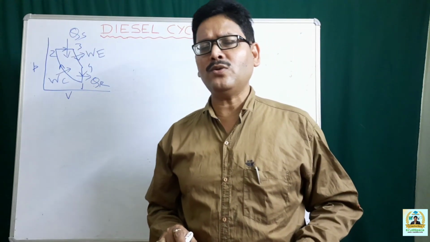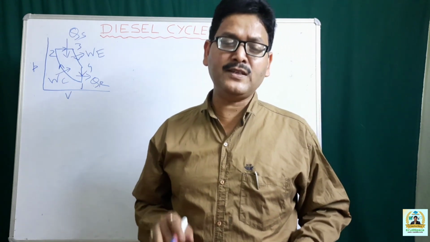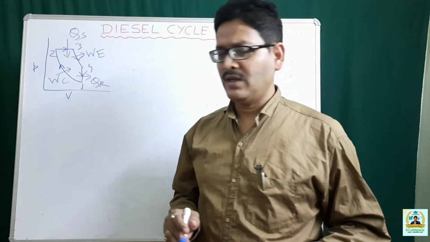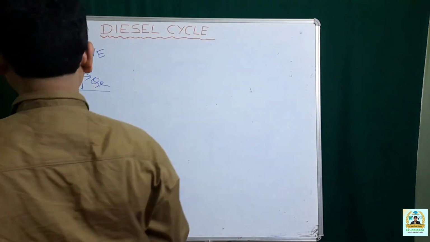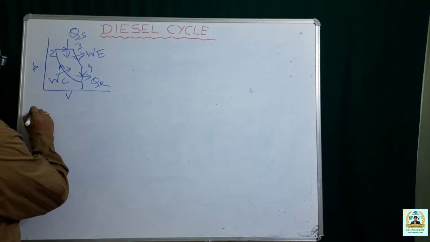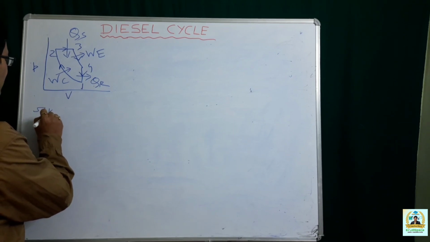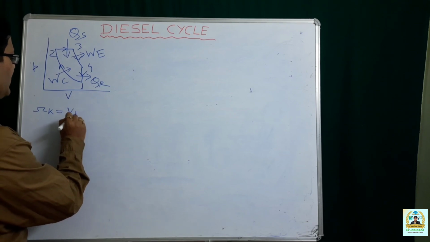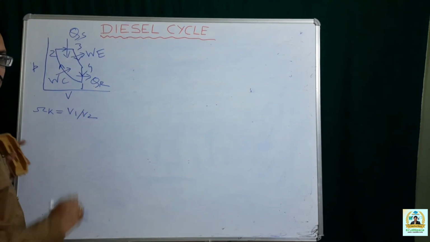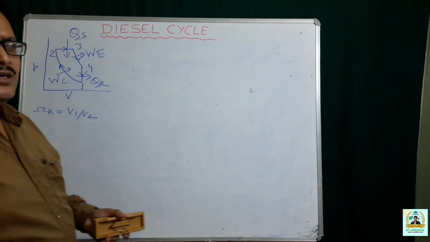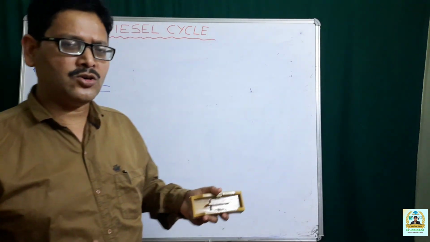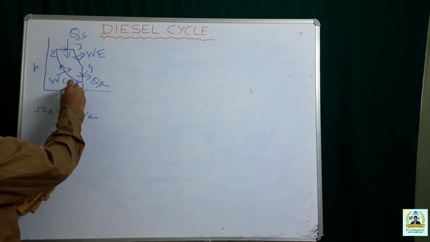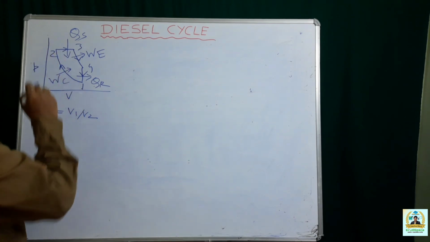One is the compression ratio, the second one is the expansion ratio, and the third one is your cutoff ratio. So what is the compression ratio? Compression ratio, denoted by the letter r_k, is V1 divided by V2. That is something you are well acquainted with. In the Otto cycle itself, I have told you that it is V1, the total cylinder volume, to the clearance volume.